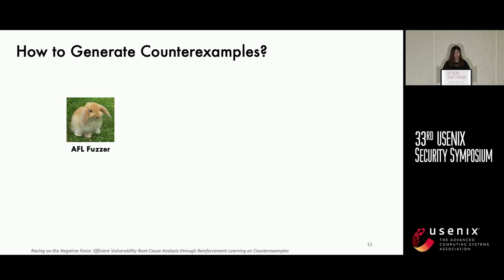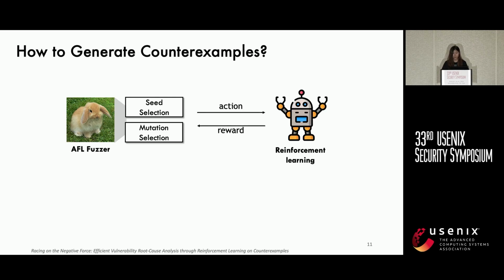In our research, we also use fuzzing, similar to most RCA approaches, by selecting seeds and mutating them to create new test cases. But in a smart way, we employ a reinforcement learning algorithm to guide the fuzzing with the purpose of maximizing the chance to generate counterexamples. Specifically, we identify two levels of counterexample that are useful for improving root cause identification.